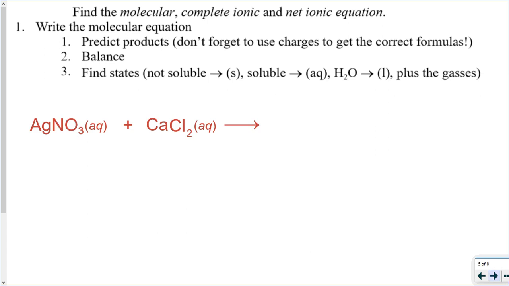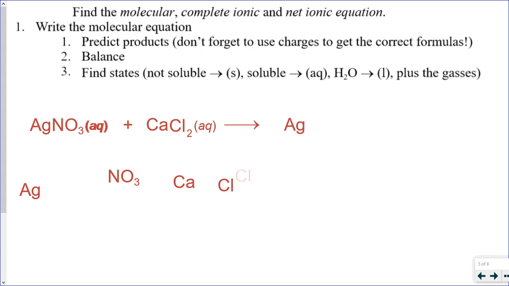Finding the states and doing all that together, let's run through it one time. If we have silver nitrate that's aqueous and calcium chloride that's aqueous, remember what we're doing is flipping the cations and the anions. So in the process of these two things being added to one beaker, the silver ions are going to come out of solution, and the nitrate ions, let's just put them down here as separate, are going to come out in solution in this form.